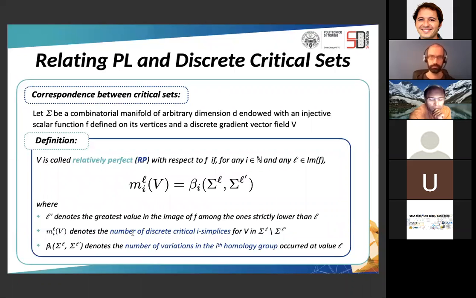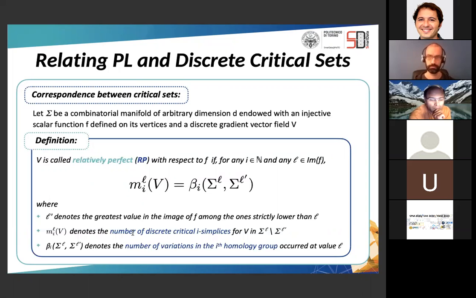In general, we don't have an equivalence between these two numbers, but when these two numbers coincide, we can speak about a relative perfect gradient, and the correspondence is realized.